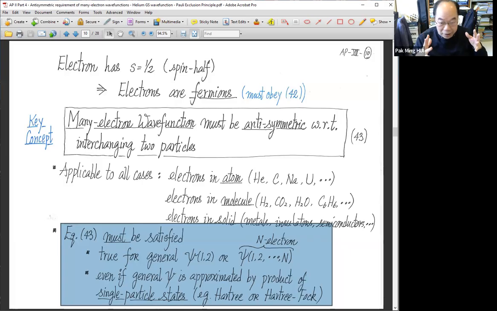It does not matter how you represent the n particle electron wave function. This must be satisfied. You can work out the real many electron Schrödinger equation solution, and yet this must be satisfied. Or we can go into an independent particle approximation. Even then, we must satisfy this requirement.